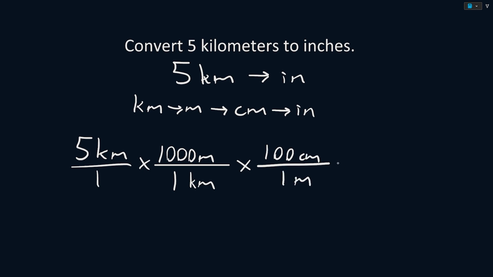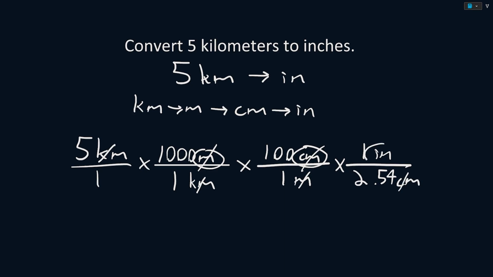Then finally we can go from centimeters to inches by multiplying through our conversion factor of 1 inch is equivalent to 2.54 centimeters. Checking this, we need to make sure that our units cancel diagonally and leave us with the units we want. So our kilometers cancel and leave us with meters, then the meters cancel, leave us with centimeters, and then the centimeters cancel to leave us with inches.